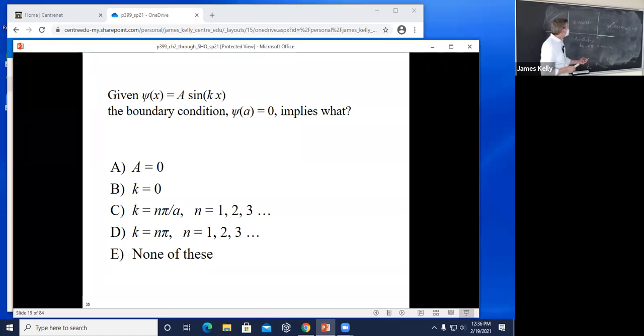What's the problem? So suppose I say, okay, I'm finding out something about k, and I'm saying k is going to be n pi over a. So there's my function that we found out. What's the problem if n equals 0 in terms of a physically relevant function we're going to have here?